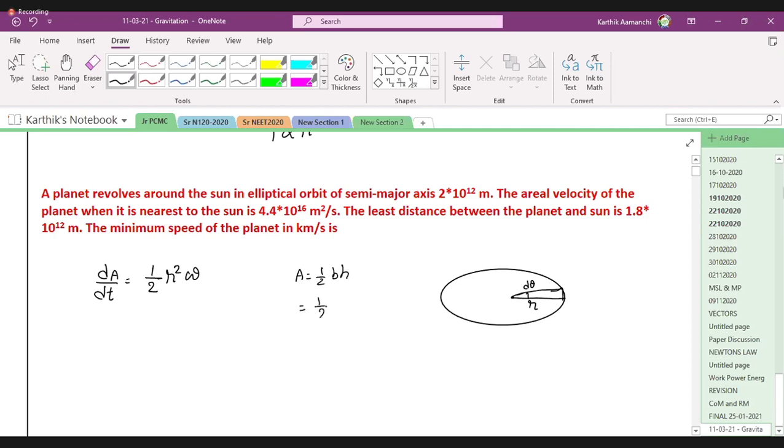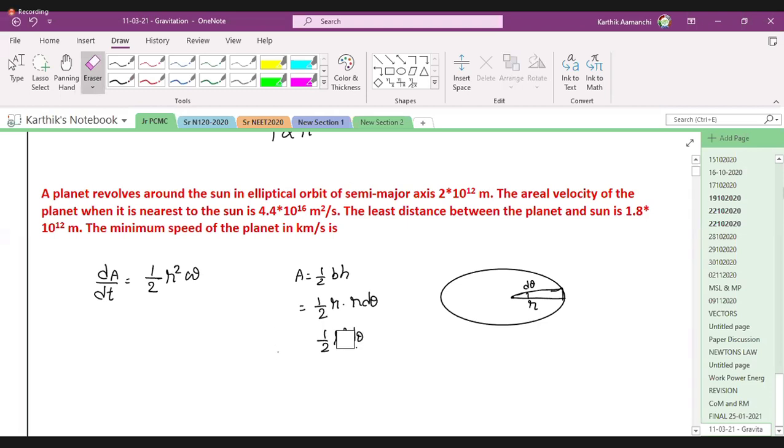Half base is r, height is r d theta, no? Half r squared d theta is your area. Differentiating both sides with respect to time, half r squared d theta by dt is half r squared omega. Right?